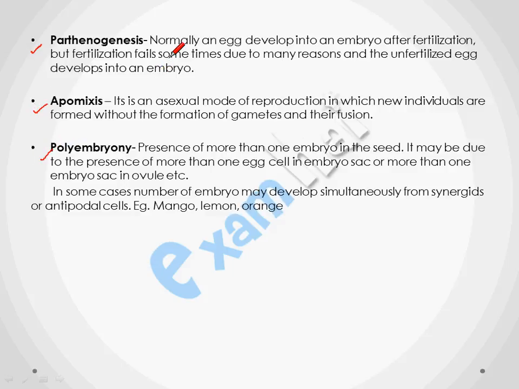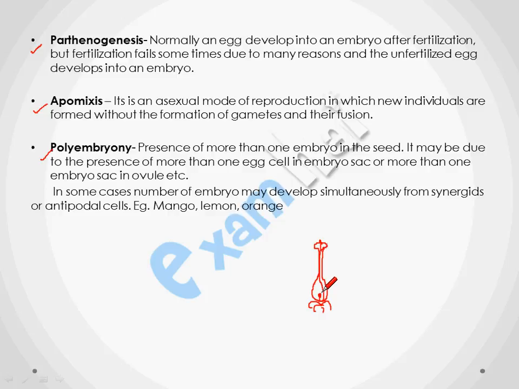So what occurs in parthenogenesis? Normally the egg develops after fertilization, after the male and female gametes meet, and only then does the egg develop into an embryo. So this is the egg cell, and when the pollen reaches the egg cell and releases the male gamete and fertilization takes place, only then does the embryo start to develop.